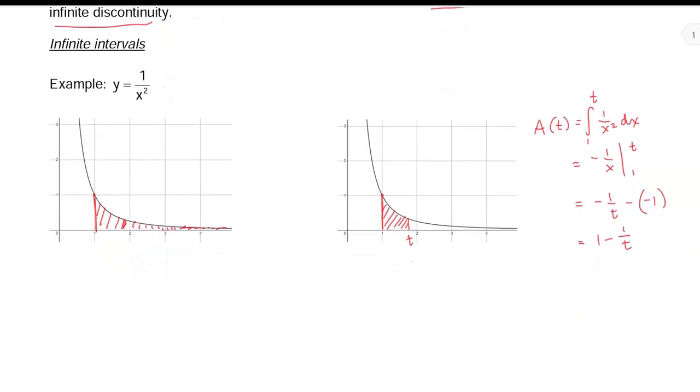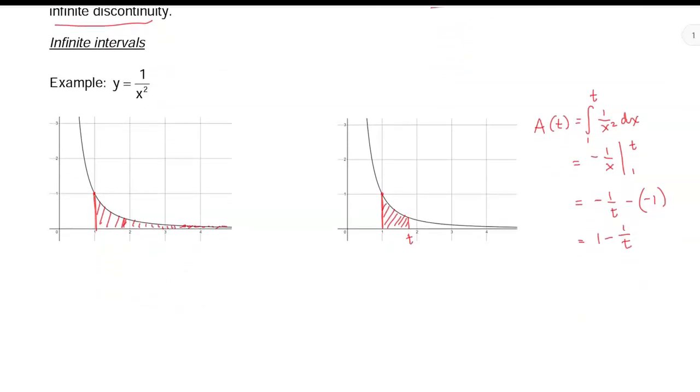So what I want to do is take that value for area. That's our area expression. And now imagine t moving down the line. I'm going to take the limit as t goes to infinity on this area. So that means I'm taking the limit as t goes to infinity on the expression 1 minus 1 over t.